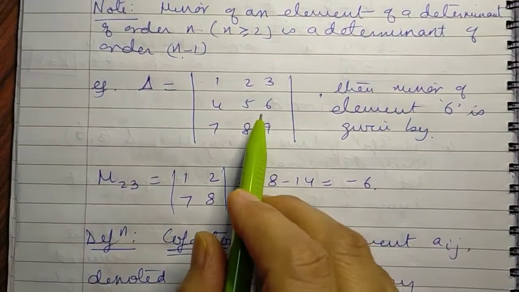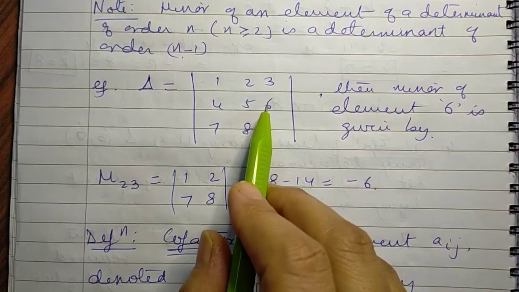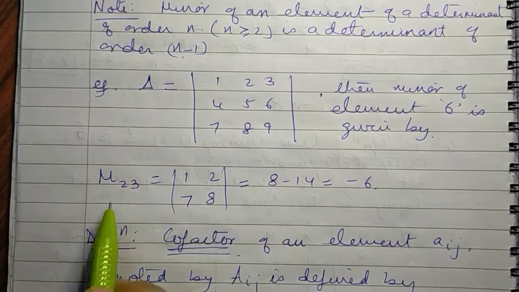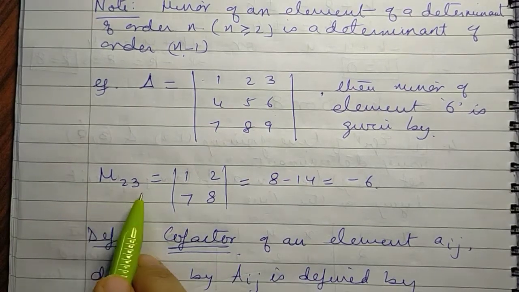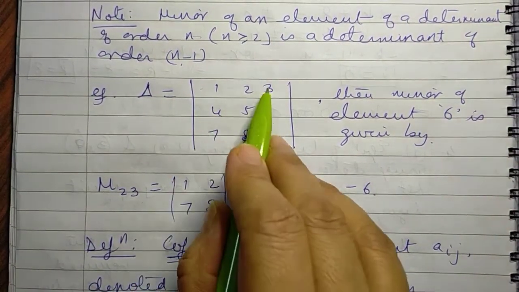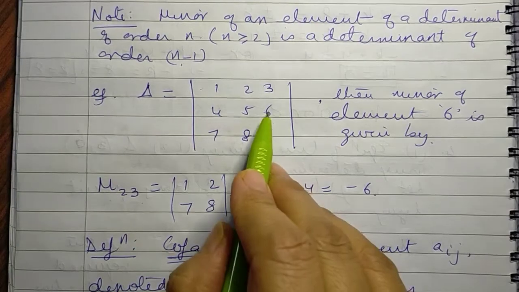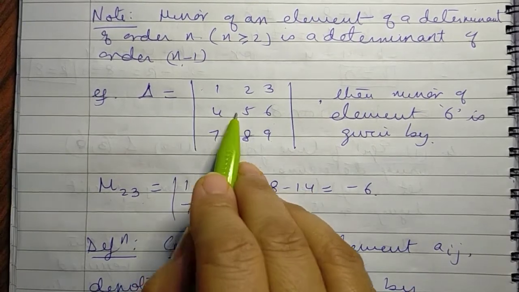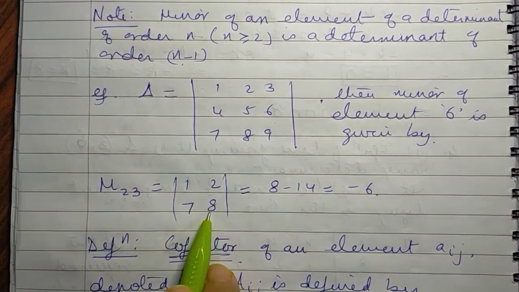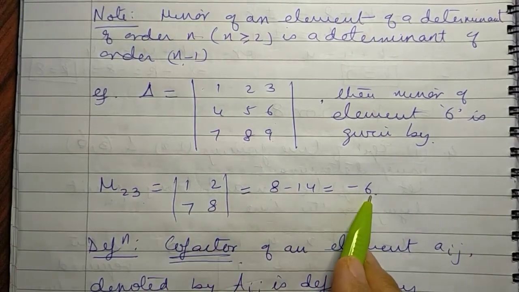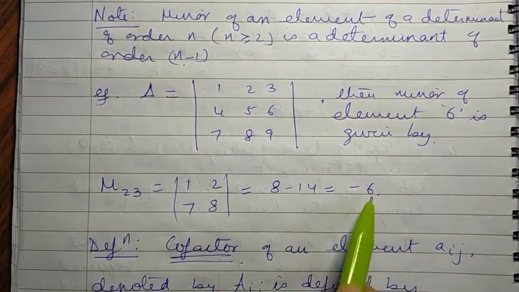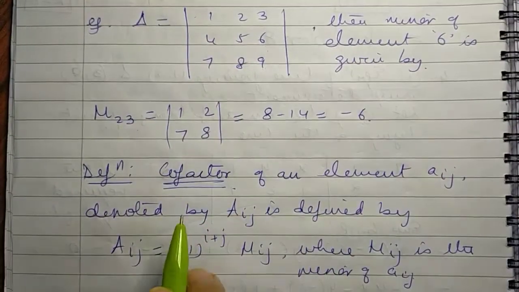So the minor corresponding to the element A23 will be written as capital M23, obtained by deleting the row and the column to which this element belongs. We delete the second row and the third column. We are left with 1, 2, 7, 8, which on solving gives us minus 6. So clearly the minor of this element 6 is minus 6.